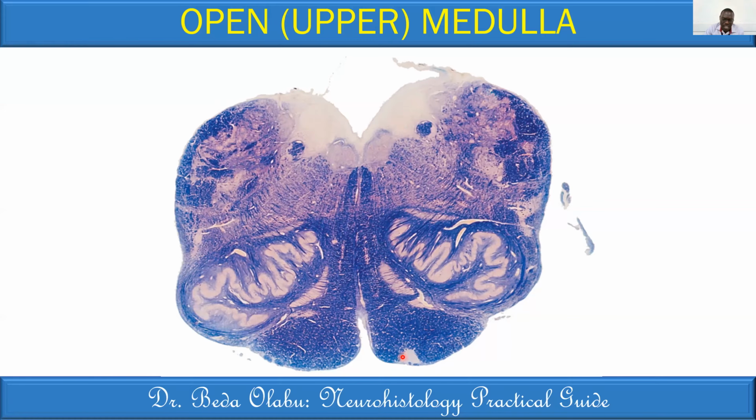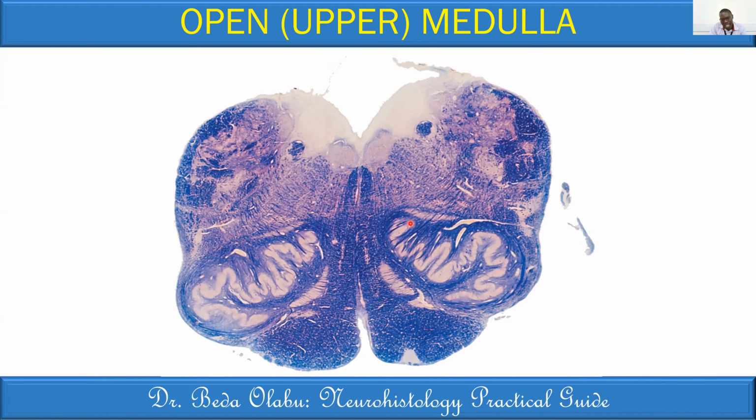Then coming ventrally, the pyramids are distinct with a very deep cleft, and posterolateral to that, we see the large, highly convoluted nuclei, which the two have both correctly identified as the inferior olivary nucleus. So this is a slide of open medulla or upper medulla. You may have seen some fibers coming off.